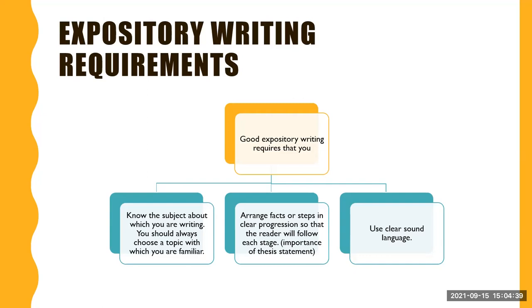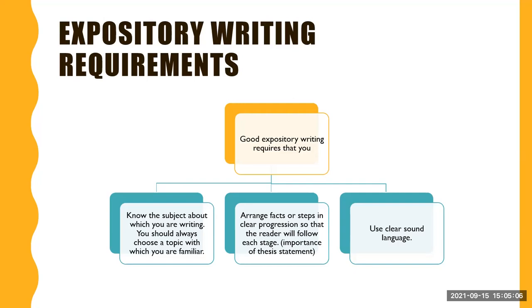And of course, you're expected to use clear, sound language, right? Try to stay away from the use of slang. Try to stay away from terms that will sway the reader, conjure up emotions that may affect how your message is received. And as you can remember, this is also the link to last session.